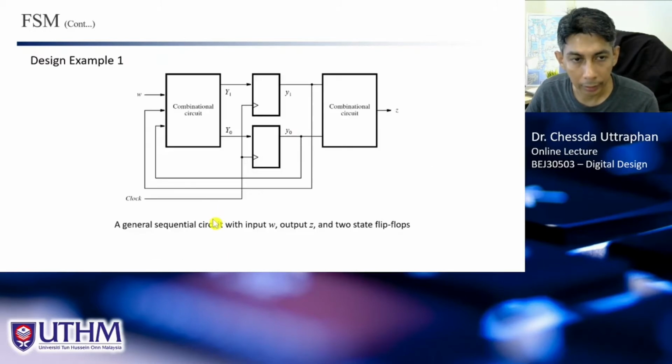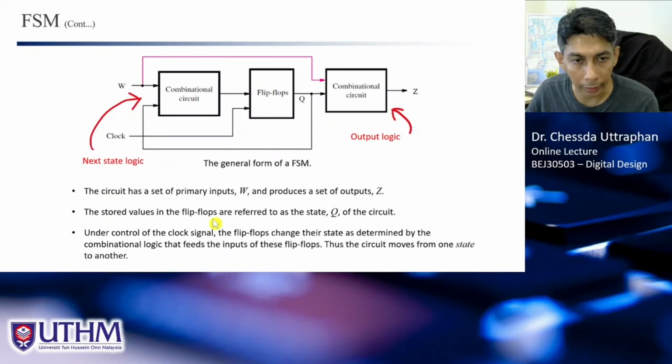And we learned last week that if our state machine is the Moore type, we don't have this wire. But if our state machine is the Mealy type, the second type of finite state machine, then we have this wire.